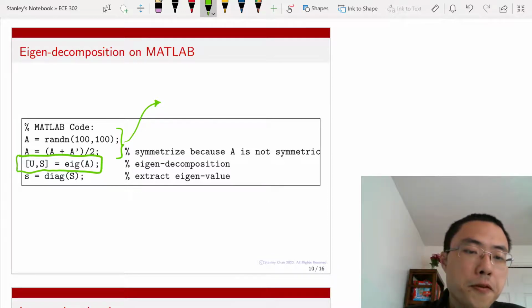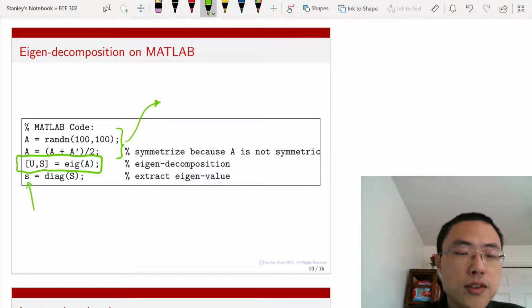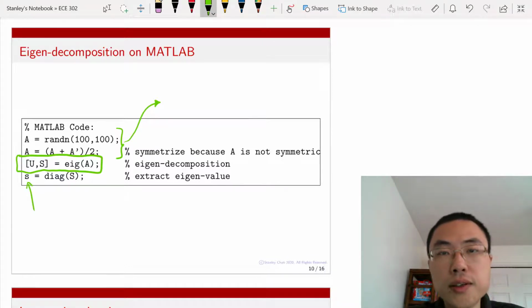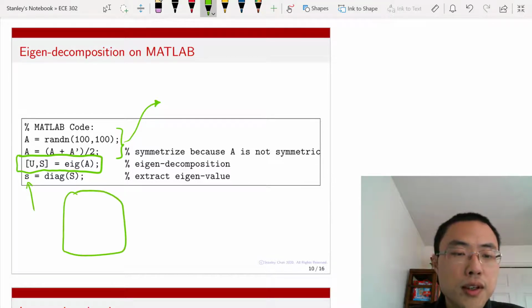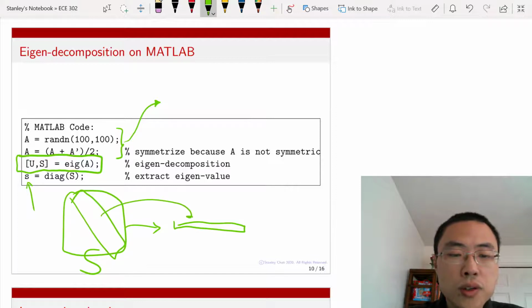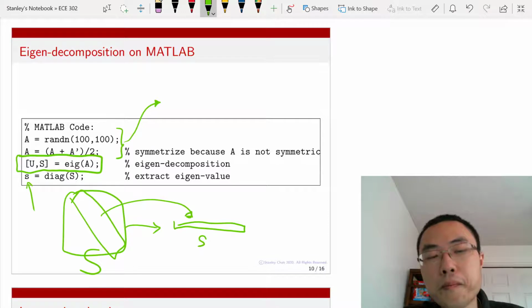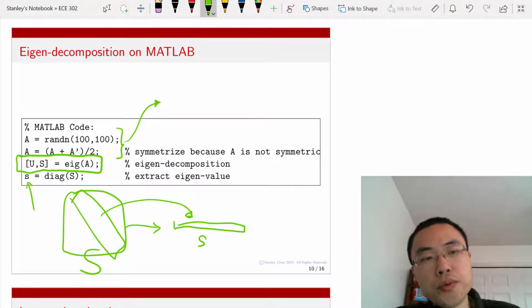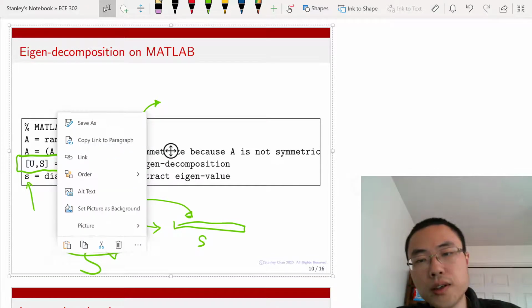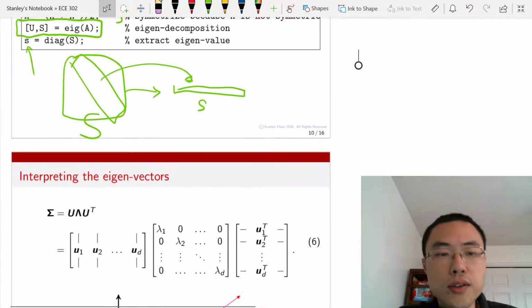Okay, so this is just to set up the problem, and then this small s is the diagonal elements of this matrix S. So S is a diagonal matrix, this is big S, and you squeeze out the diagonal of this S matrix. This is your small s. Okay, so this is the eigen decomposition in MATLAB, and you can do similar things in Python.